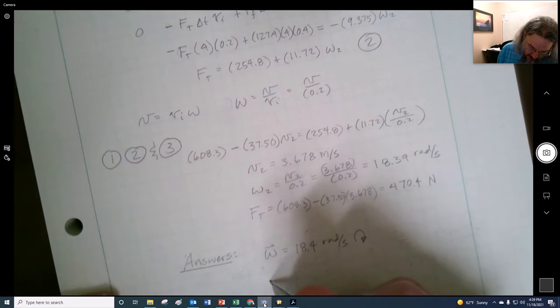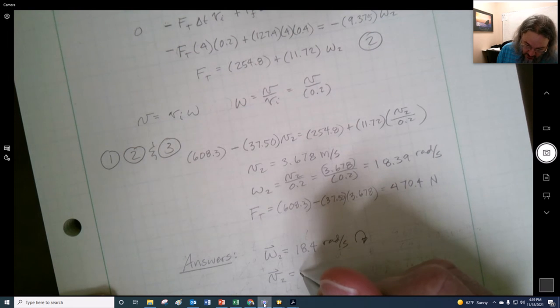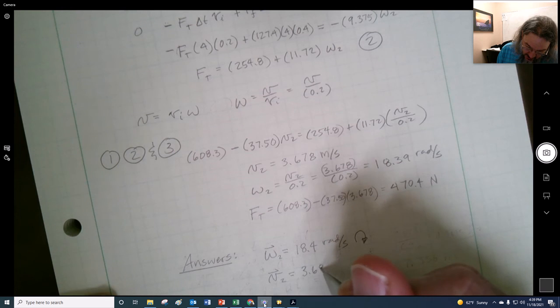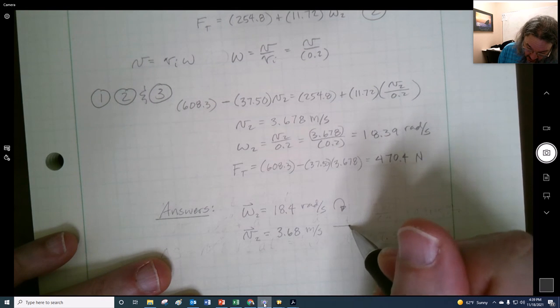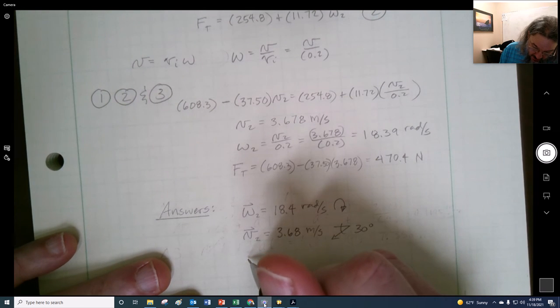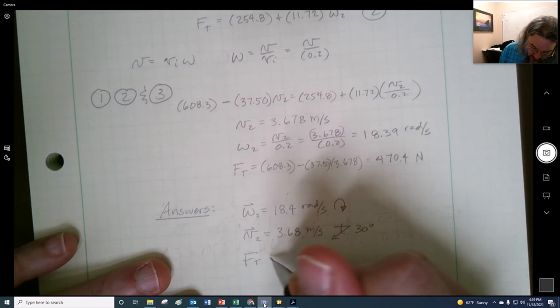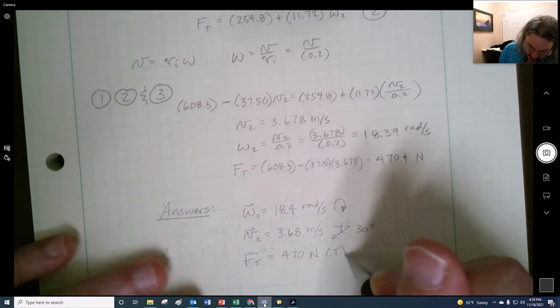And then the velocity, and look, that's omega 2, and velocity 2 is going to be 3.68 meters per second, and it's coming down that way 30 degrees. And then the tension is 470 newtons in tension.